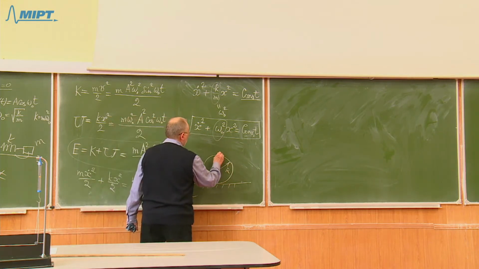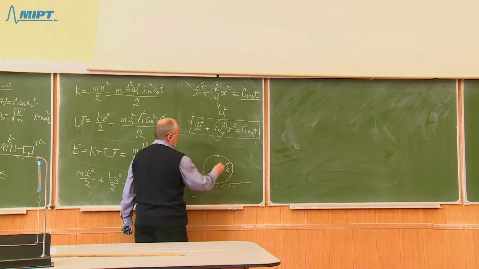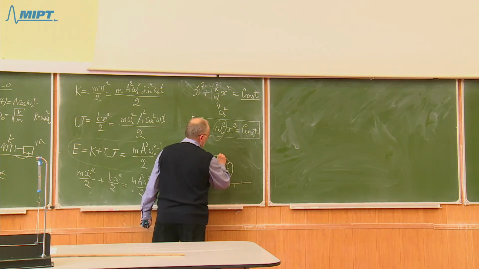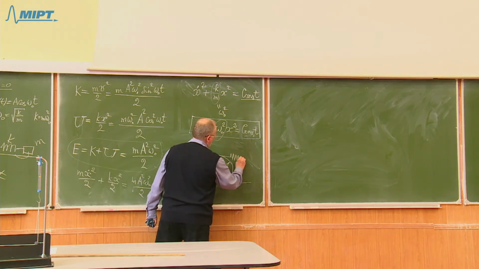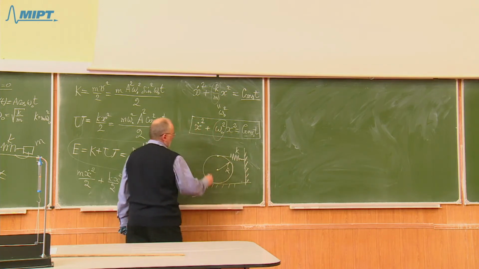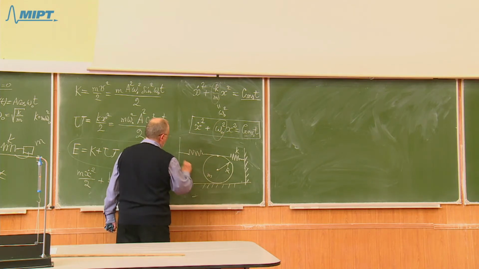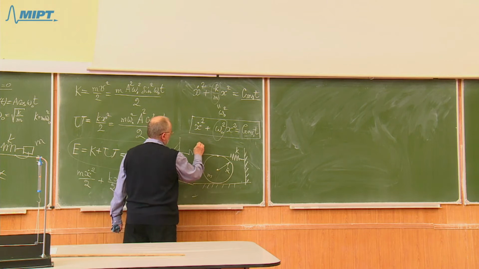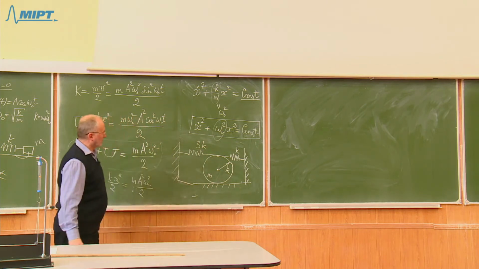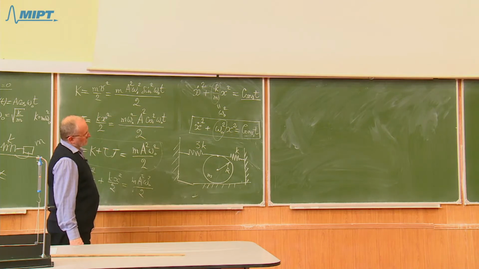And here, at this point, I will have a spring of stiffness K attached to a vertical wall, and another spring here of stiffness 3K, attached to another wall.